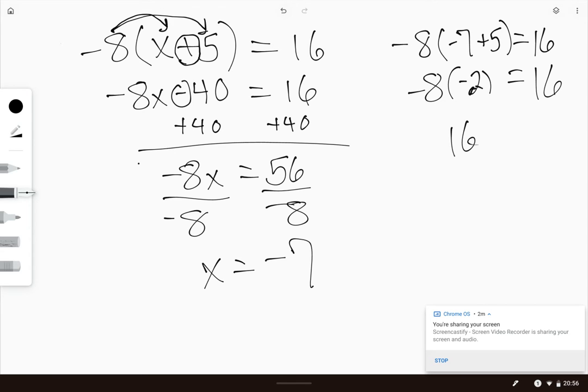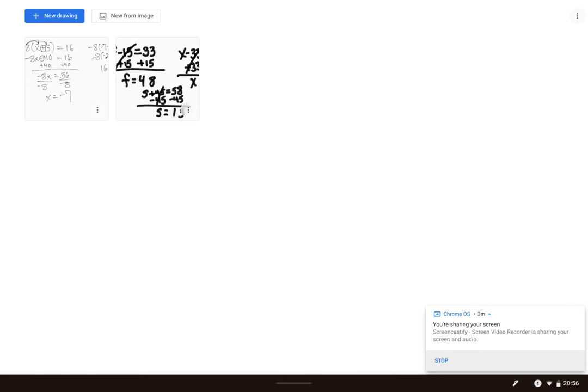So negative 8 times negative 2 equals 16. So 16 equals 16, and my equation is balanced on both sides. So that's our first example. So let's look at another one.